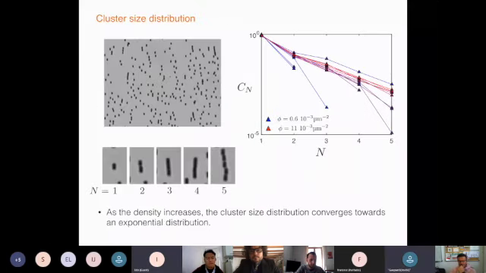Yeah, that's a good question. You mean if you have a correlation between the size of the cluster and the velocity? Yeah. So this is ongoing work. I'm still working on it. I thought also to investigate this. It's interesting. I don't have the answer.